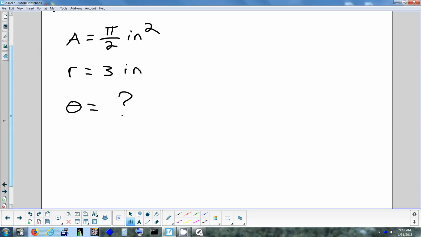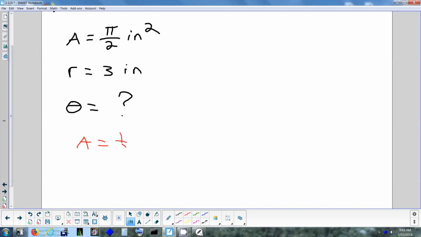Why do you say area? Because you have to find theta. I agree you have to find theta, but the arc length formula also has theta in it. But I couldn't use arc length here, because it gives you an area. Right, you're given an area, that's why you have to use the formula for area.